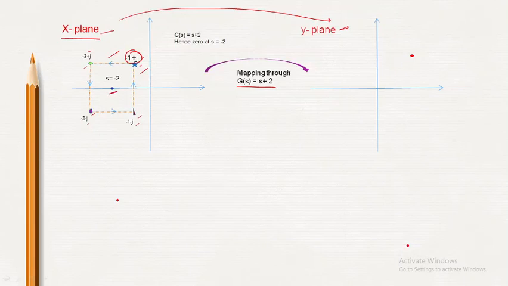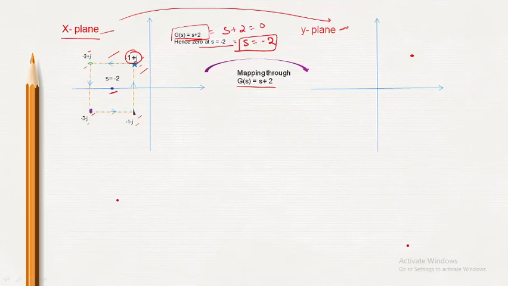The function through which I am doing the mapping is g(s) equal to s plus 2. So this function has a 0 at s equal to -2. If you equate this with 0, then s will be equal to -2.